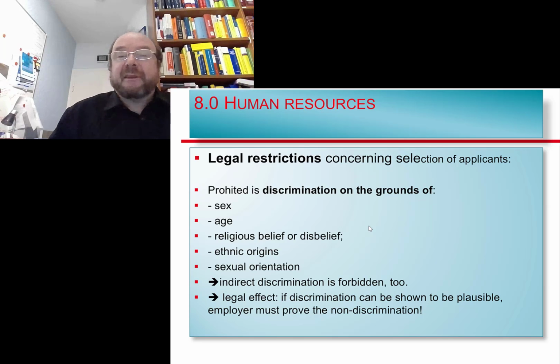Now, naturally, if you choose your employees, probably nobody can look into your head, and so nobody can find out the real reasons why you select or reject an applicant. And for that reason, in order to make a legal control of anti-discrimination rules possible, there is a reversal of the burden of proof. If discrimination can be shown to be plausible in a case, then the employer is it who must prove that no discrimination took place.